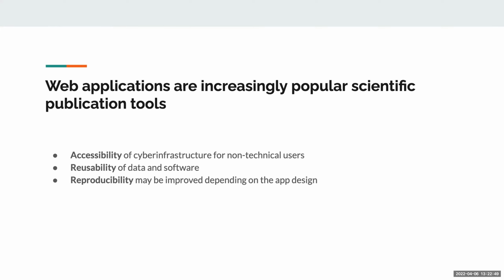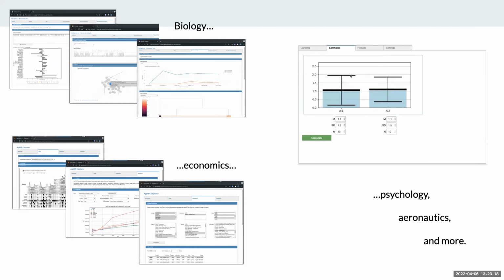And it can probably improve the accessibility of things like data or HPC resources and other components of cyber infrastructure, particularly if it's deployed on a gateway. We can improve reusability of data or software, and maybe reproducibility if that was taken into account when we started to design the app.